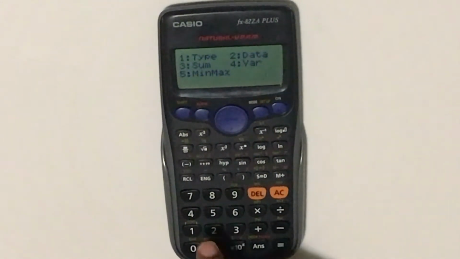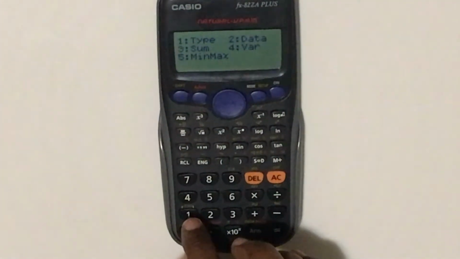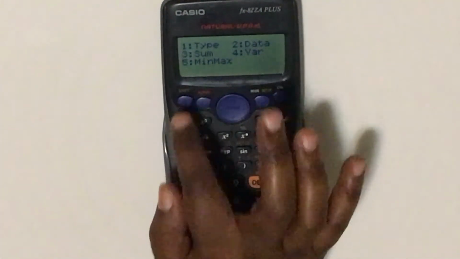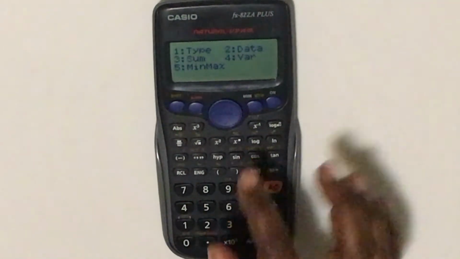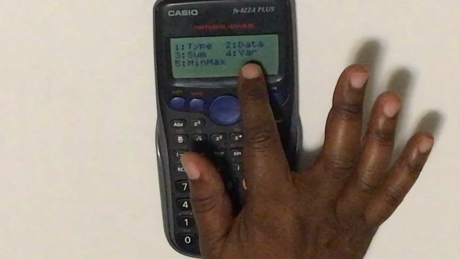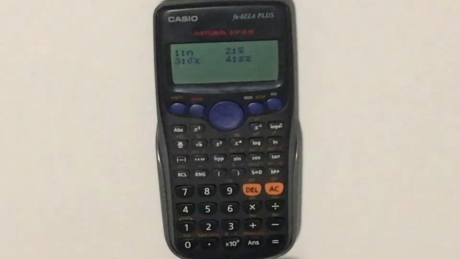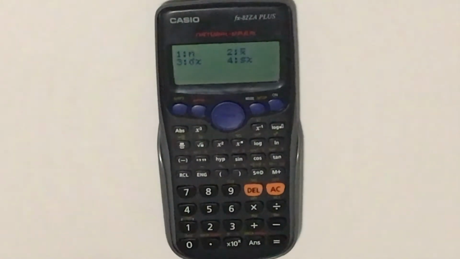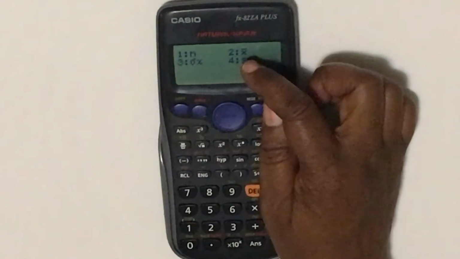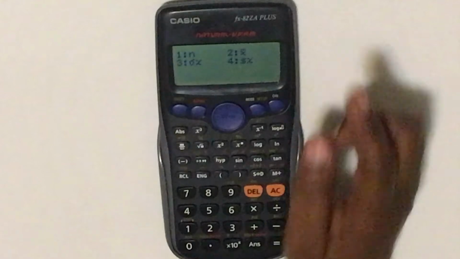When you look at 1, it has stats again written in orange like the shift. It means you are setting it to statistics again. Then you look at your screen again, 4 for the variance, and then you'll get 1 is the n, the number of the data that you have. The 2 is the x with a line on top, that's your mean.